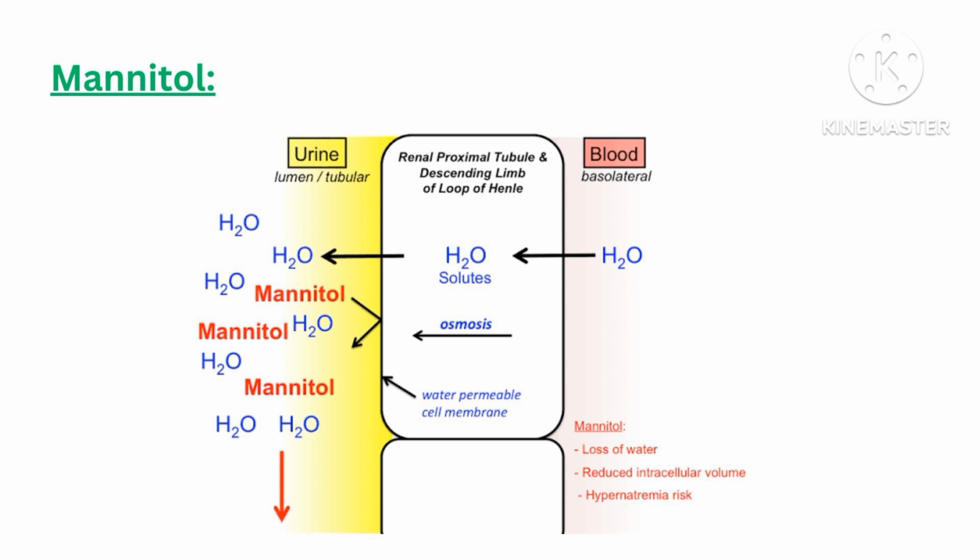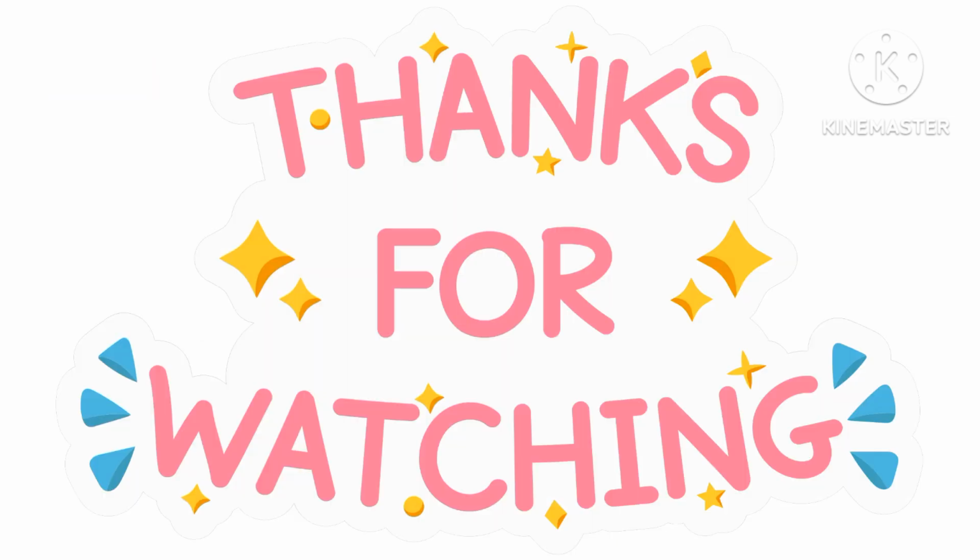Another example is with osmotic diuretics, such as mannitol. Mannitol gets filtered through the glomerulus but cannot be reabsorbed in the nephron. Thus, increased osmotic pressure is exerted in the filtrate, causing water to be retained in the tubules to ensure urine osmolality. The result is increased water expulsion in the urine.